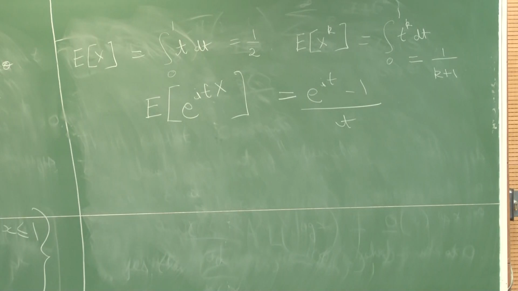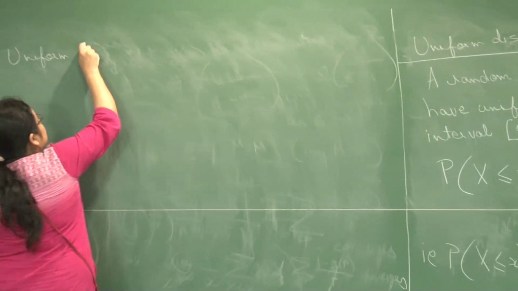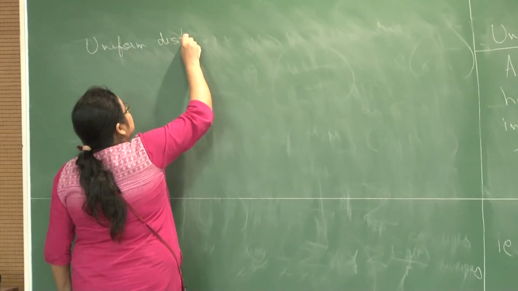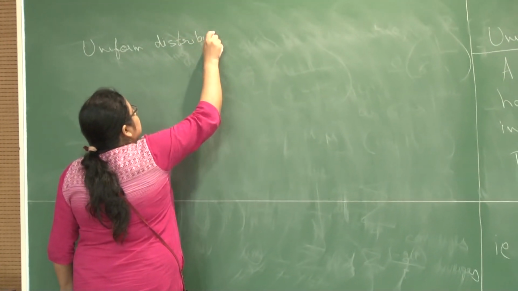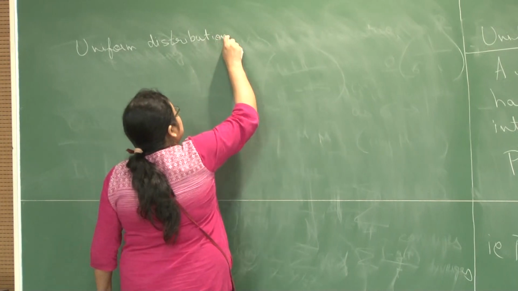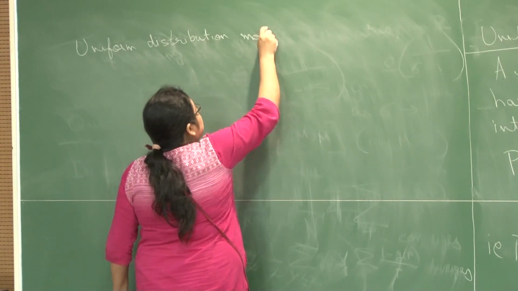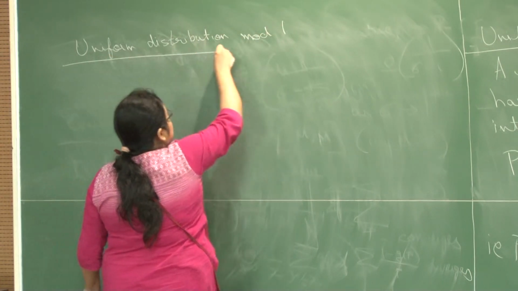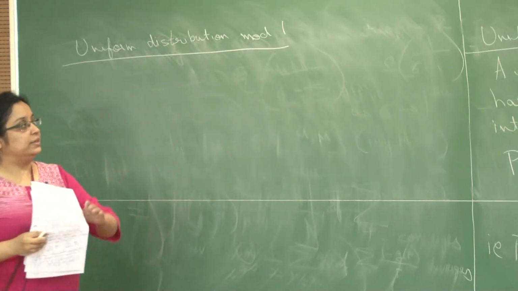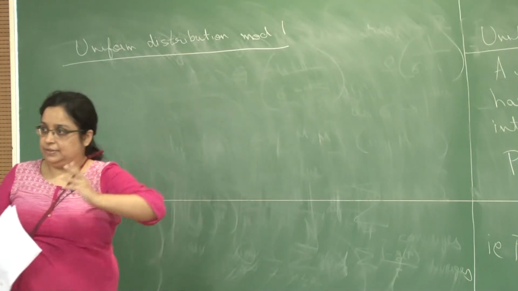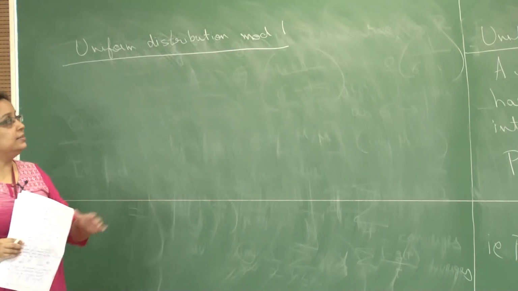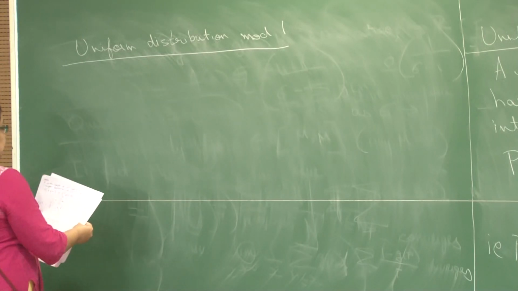So, now let us define the notion of uniform distribution modulo 1, not to be confused with uniform distribution as we understand for random variables. So, what does this mean?